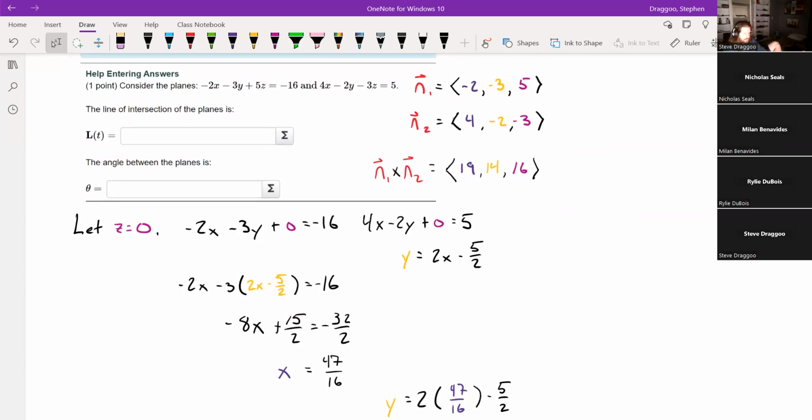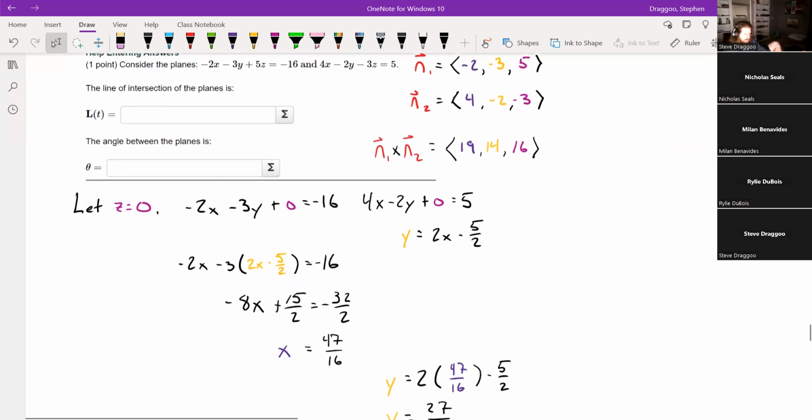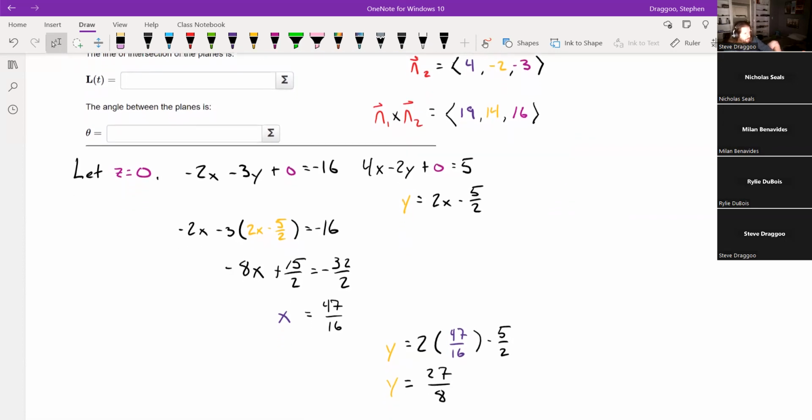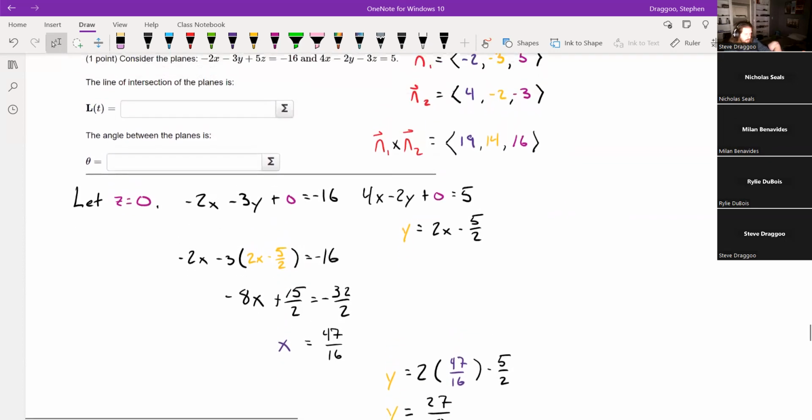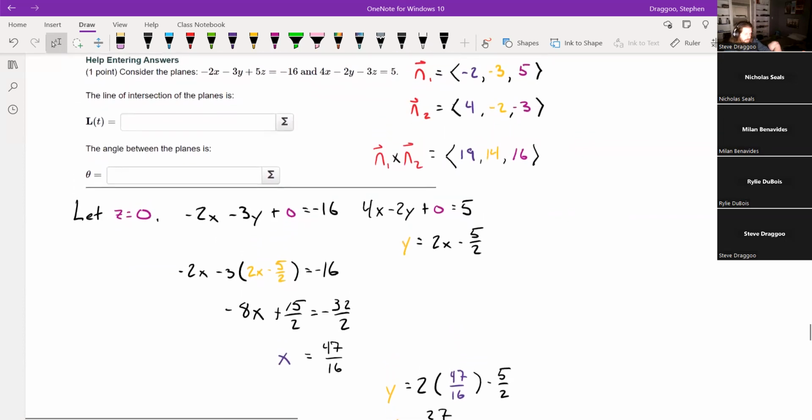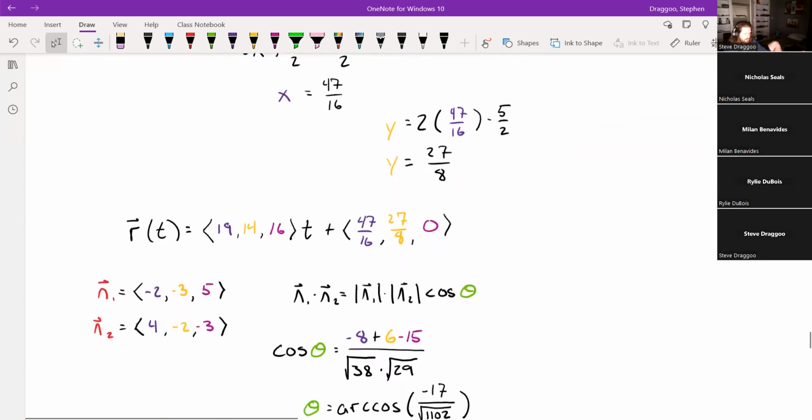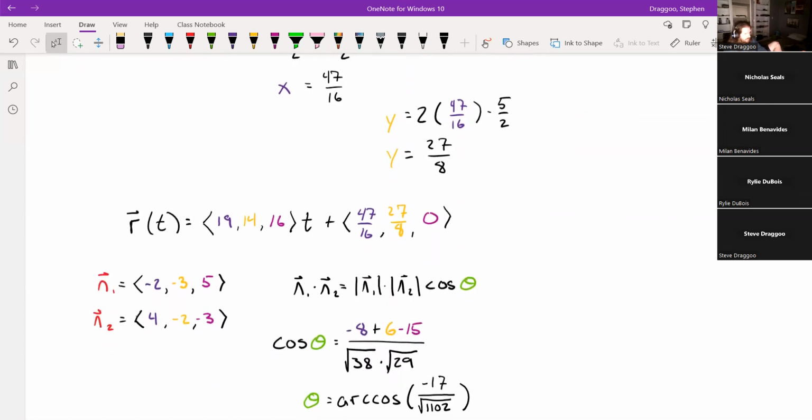So that's what I did. Gives me my parallel vector, which means I then just need to get a point that's on the line. I do that by just picking one of x, y, or z to be any number I want. I think it's usually easy to just pick one to be 0. Then you get a system of 2 equations with 2 unknowns, solve that out, and add it up. I don't get a very nice looking vector, but I do get an answer in the end.